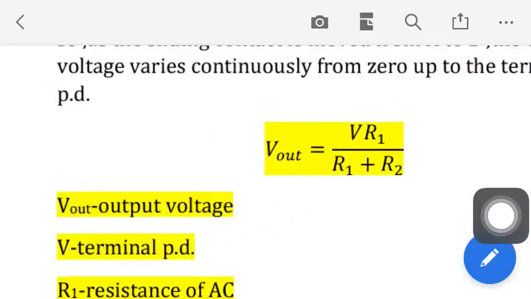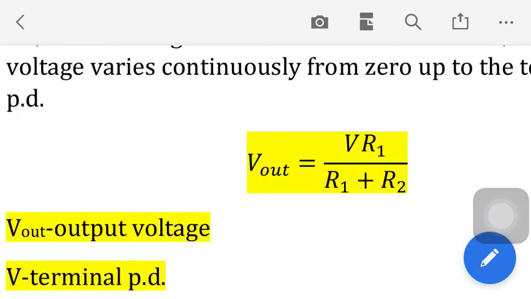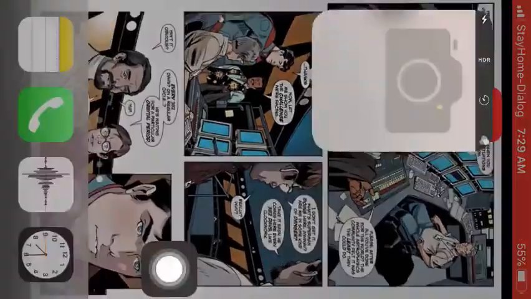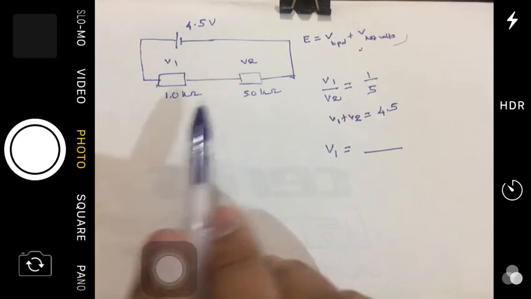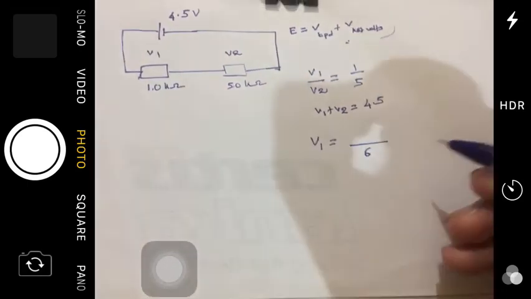The particular output voltage I'm trying to find will be that particular resistance over total resistance times the total terminal potential difference. If I apply that here, the total resistance is 1 plus 5, 6.